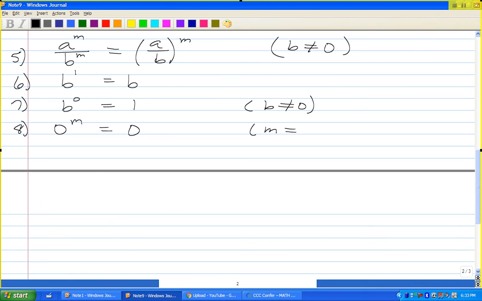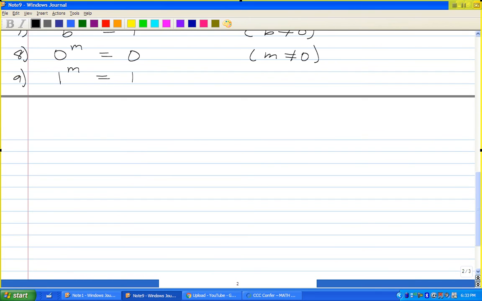This is so long as the exponent is not 0. 1 to the power m is 1. 1 to any power is 1.